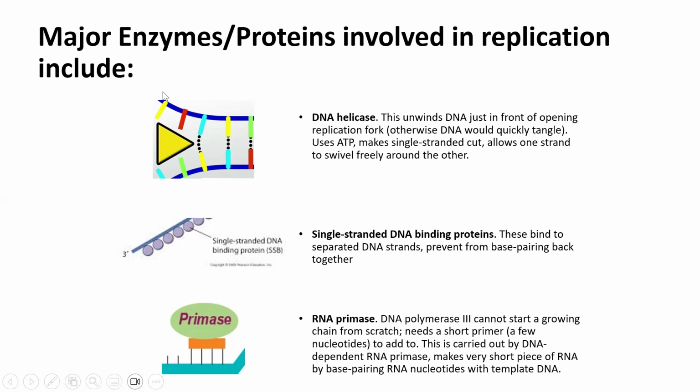So that is called a primer, and the enzyme that creates this primer is a DNA-dependent RNA primase, which makes that little RNA primer to bind to the first few nucleotides within that template DNA.